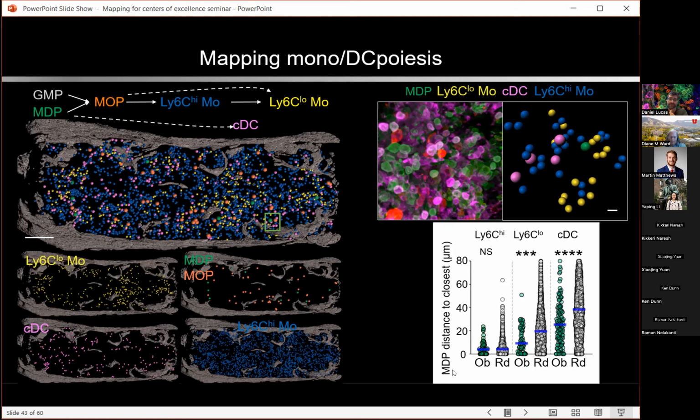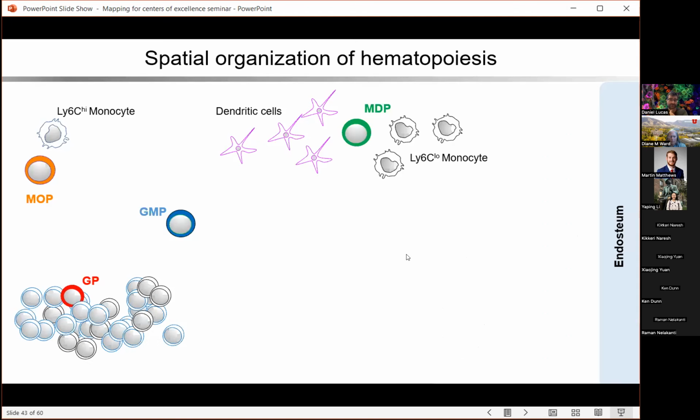And by comparing the distances between the MDP and classical and non-classical monocytes, the non-classical monocytes preferentially localized near this MDP. Same with the dendritic cells. So this is telling us that on top of these clusters, we have clusters of monocytes and dendritic cells around monocyte dendritic cell progenitors.